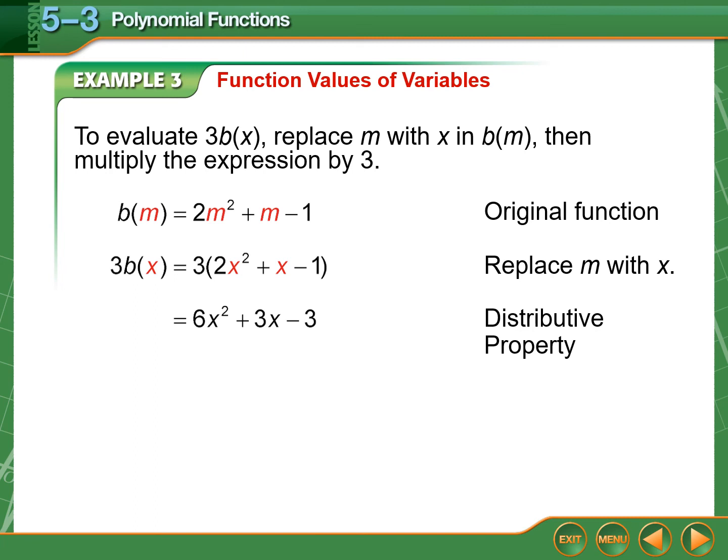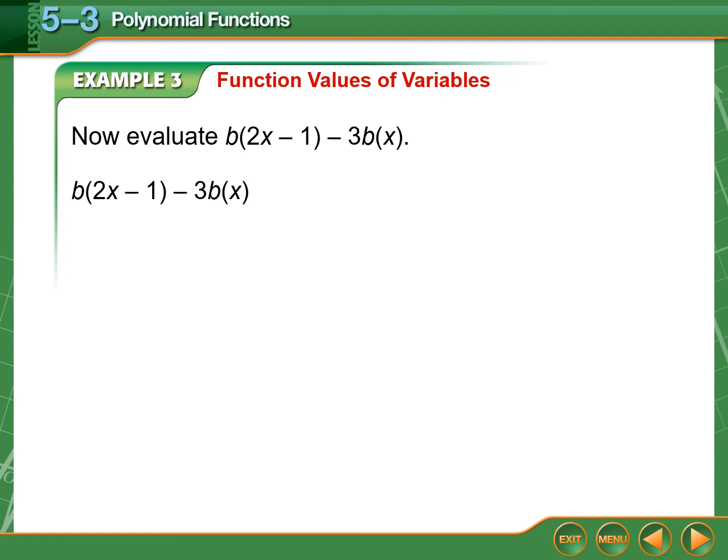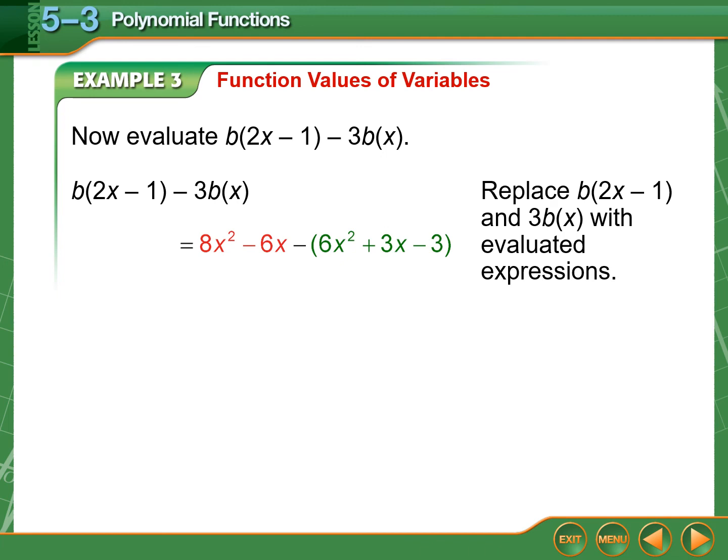Now we've got to go back and put the whole thing together. Take the first thing and subtract the second thing. So here we go. Here's our first piece, 8x squared minus 6x. That was from the 2x minus 1. And then 6x squared plus 3x minus 3. Notice it's minus.